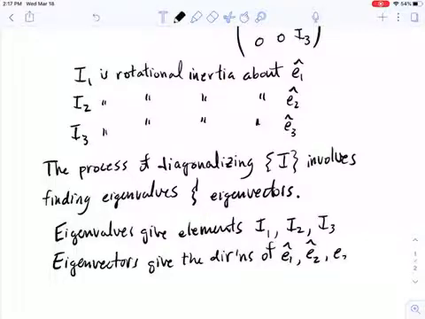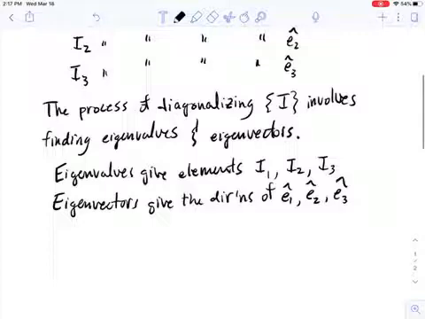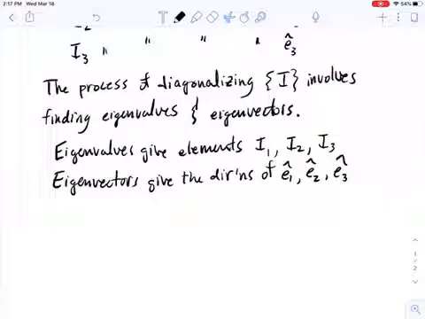Okay, so what we'll actually spend almost all of this video doing is not so much mechanics, but we're going to just do a general discussion about matrix diagonalization. So in some sense, this is really a video about linear algebra.